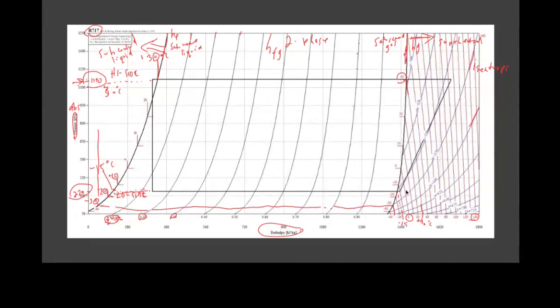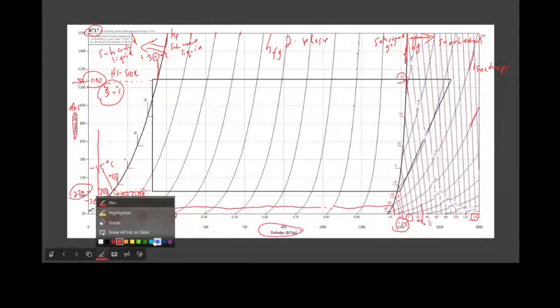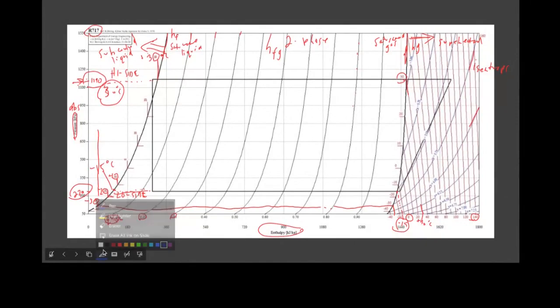Now the reason when I drew this chart, I wanted you to see plus 30 and minus 15, is because those are standard conditions. It's one of the things you got to know. Standard conditions for a refrigeration plant. Now, that doesn't mean that all refrigeration plants operate under those conditions. Very few do.